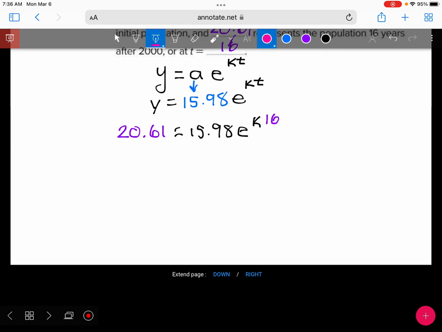What can I do to get that 15.98 to cross the equal sign? Can't subtract it because it's not being added. What's it doing? What does it mean when it's smushed together against that e like that? Multiply. So how do I get rid of it? Divide. I can divide both sides by that 15.98.